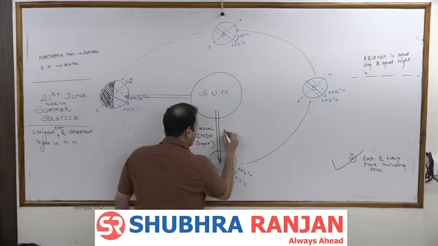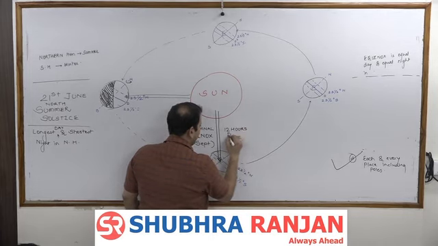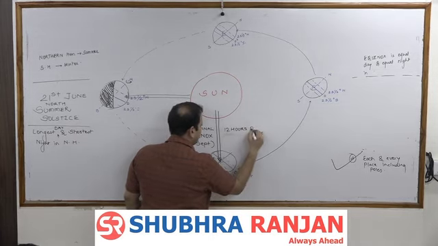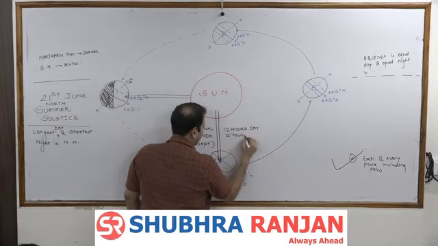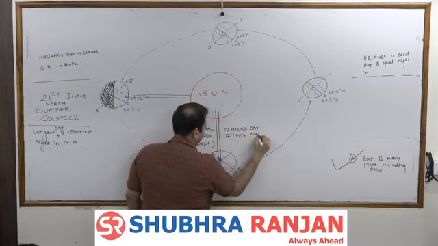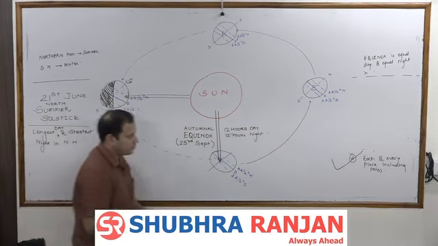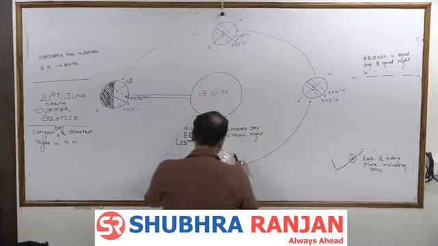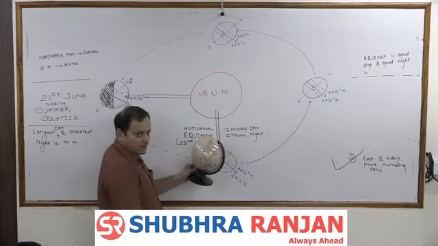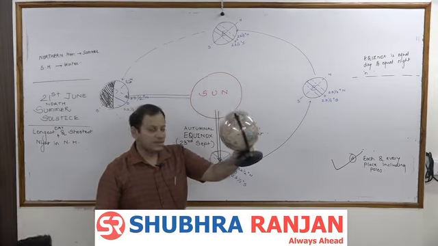So we have 12 hours of day and 12 hours of night. Now the earth rotates in such a way that we feel that sun is going in the southern hemisphere.